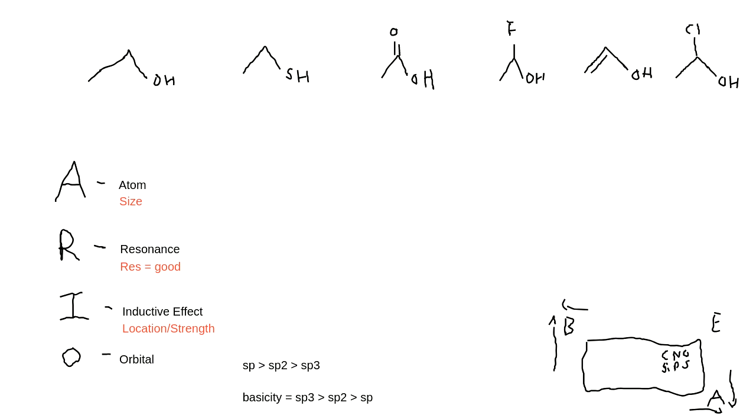Okay, I don't have space, but that's all I'm going to do. All right. So for all of these, I'm going to quickly run through it. Before anything, any acidity problem, they always ask you to rank by the conjugate base.